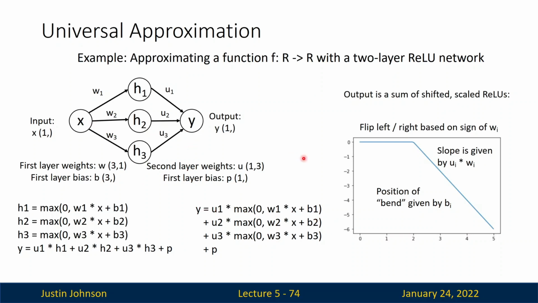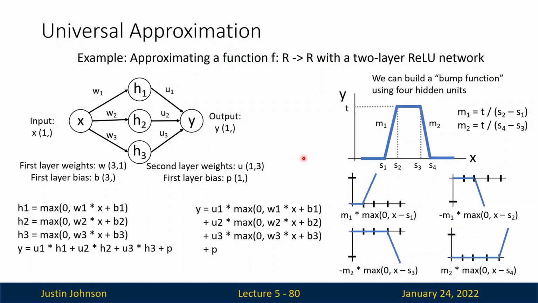So what can we do here? Say, if I set certain N1 and N2 values, then I can create a function like this one. But here, I should say I use 4 hidden values.